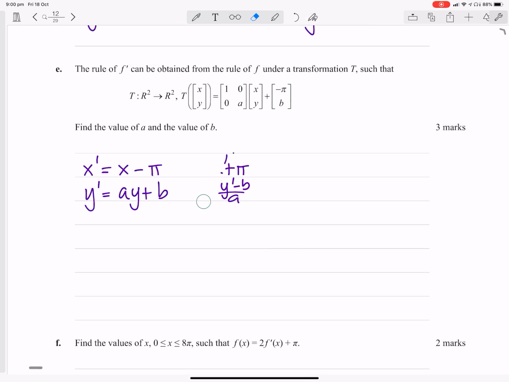So if we did this, our second equation f dash of x is negative sine x on 2.